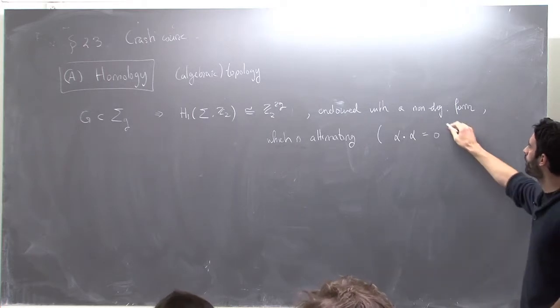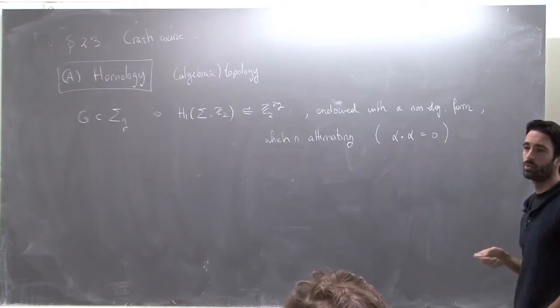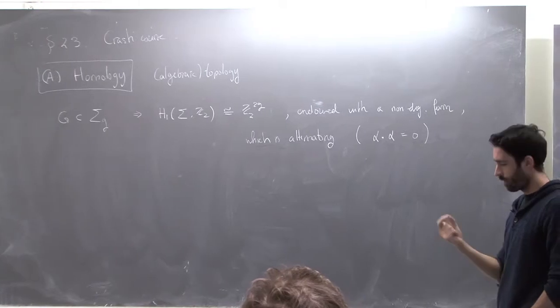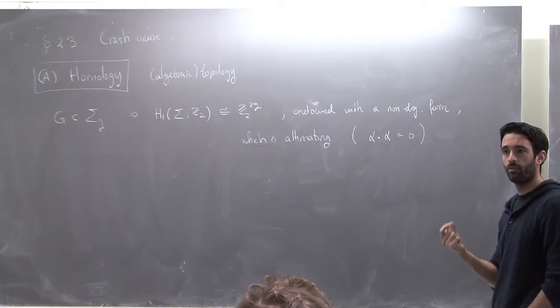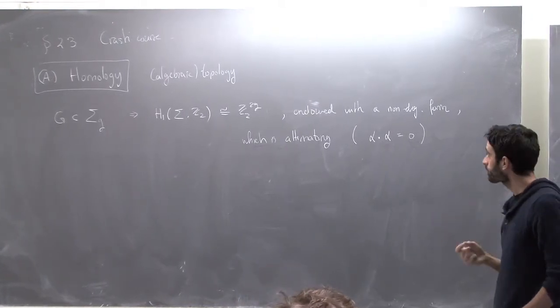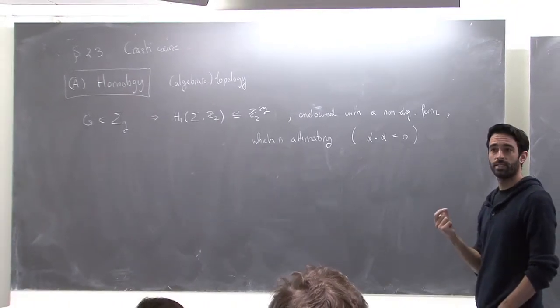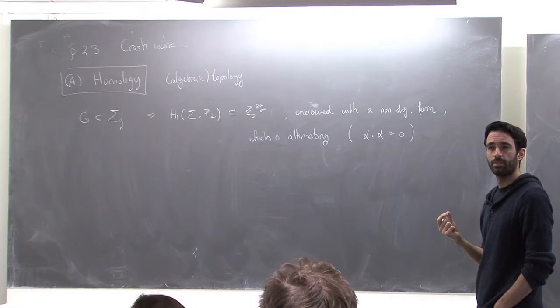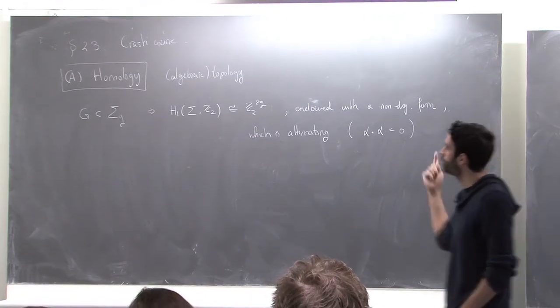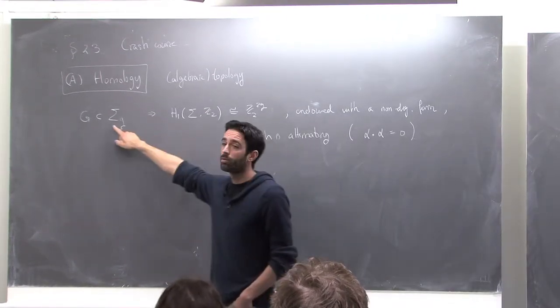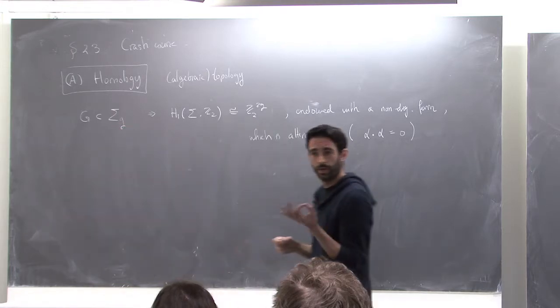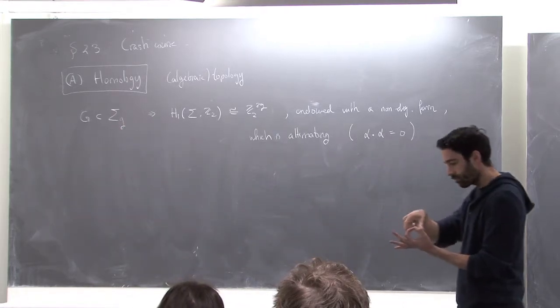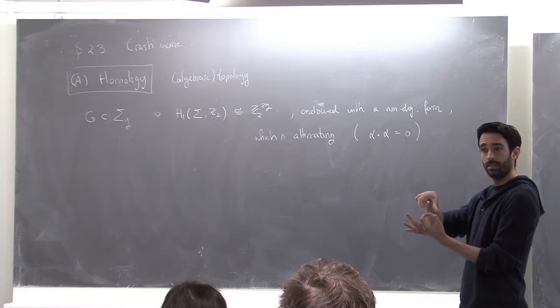So I wonder if you understand why this is true geometrically. So you have a cycle, and I claim that if you look at the intersection of this cycle with itself, it's 0. So why is this true? Here you have to use the fact that the surface is orientable. So since the surface is orientable, if you have a cycle, its neighborhood is like a little cylinder.